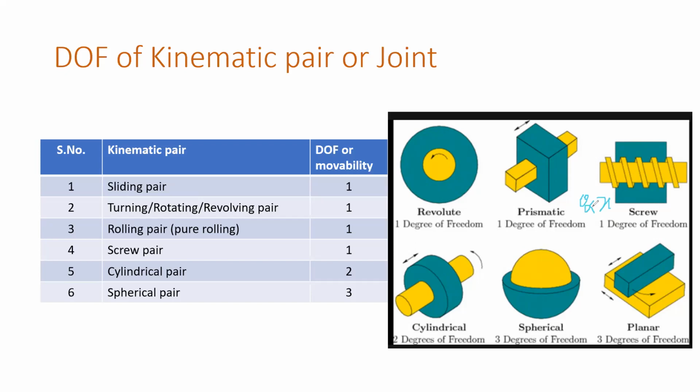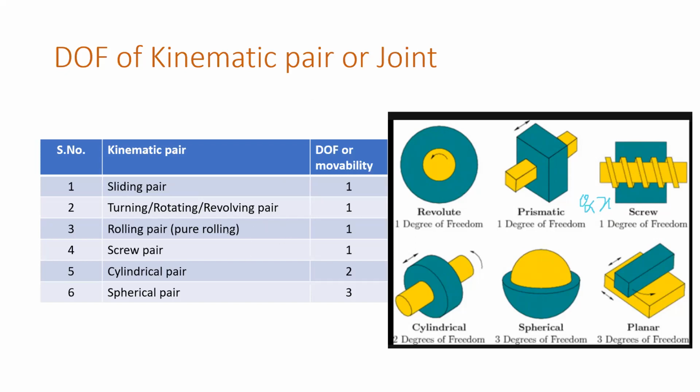So in that case, it has 2 degrees of freedom. But in a screw pair, its linear motion is strictly a function of rotation. So I should also add one word in the definition of degrees of freedom: number of independent parameters, not the dependent parameters.